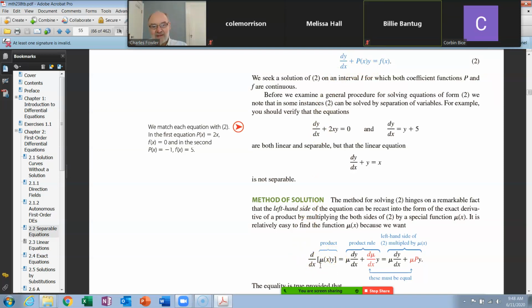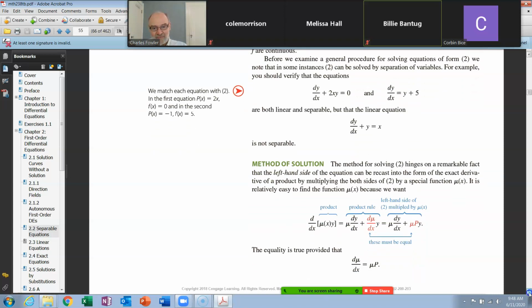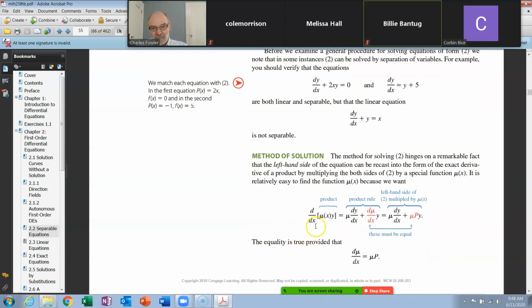Let's see what it's going to take to make that happen. Since we want it to be some function of mu of x times y, if you take that perfect derivative of it, and this is merely the product rule, that's mu times dy/dx plus y times d mu/dx, right? Product rule.